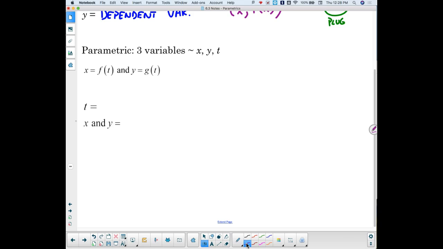Today, it all changes. Because now we've got 3 variables in there. First off, the new variable t we call the parameter. It is now our independent variable.